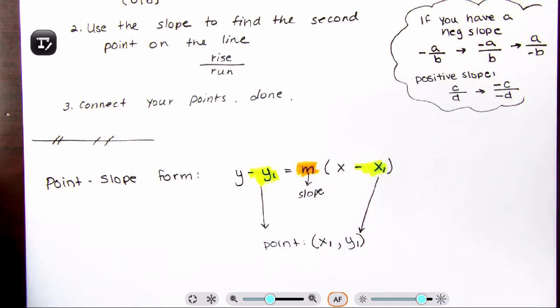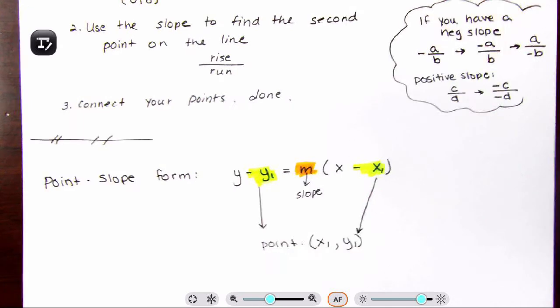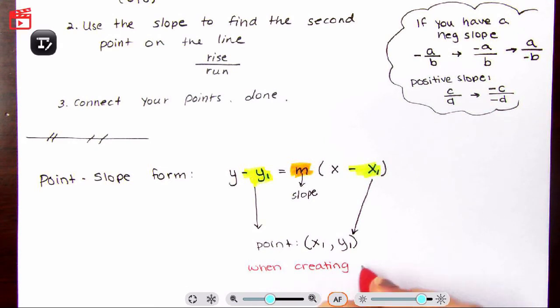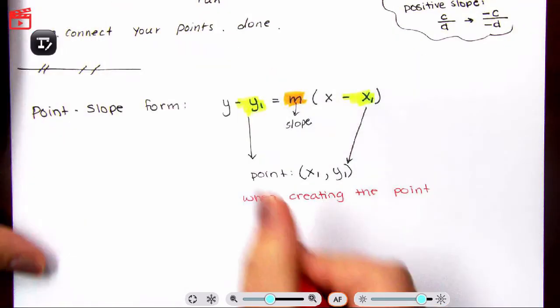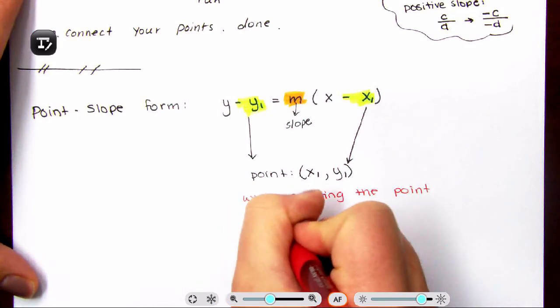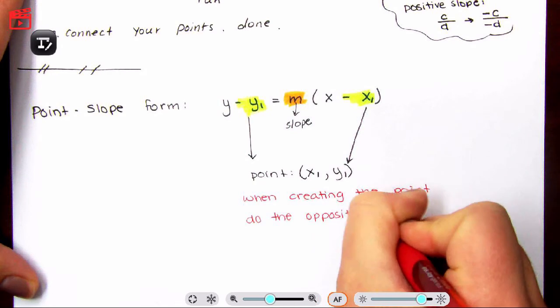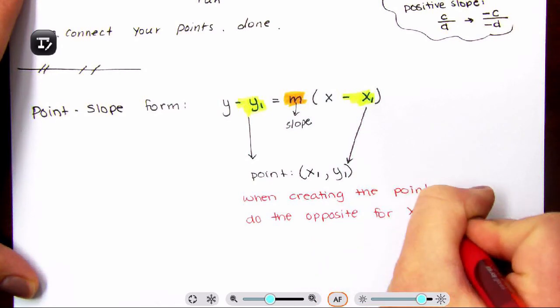So this is where you have to, I'm going to even change markers. I'm going to try to see if I have a red. This is super important. When creating the point, do the opposite for your x1 and y1.